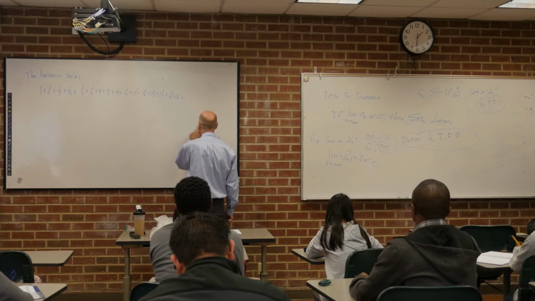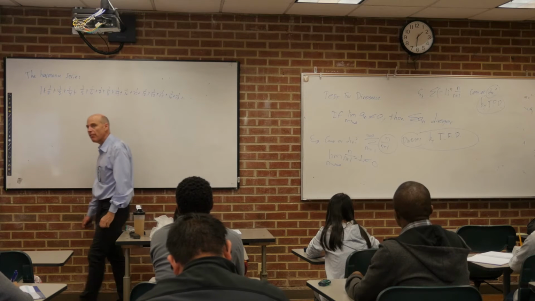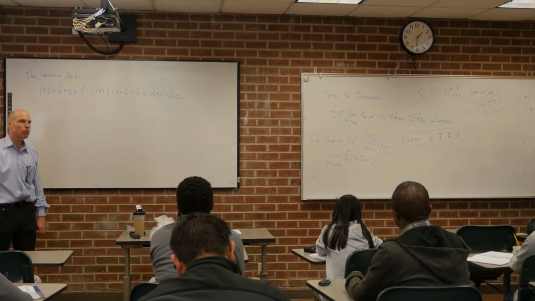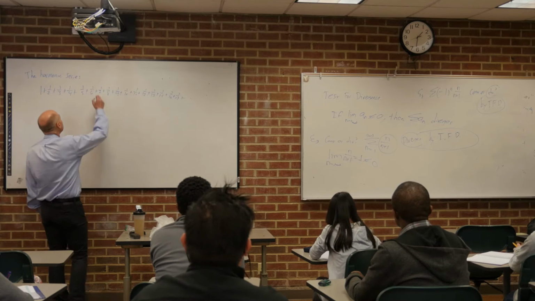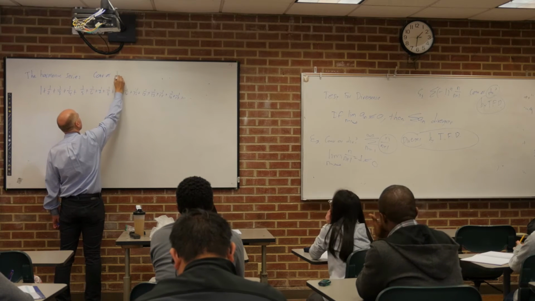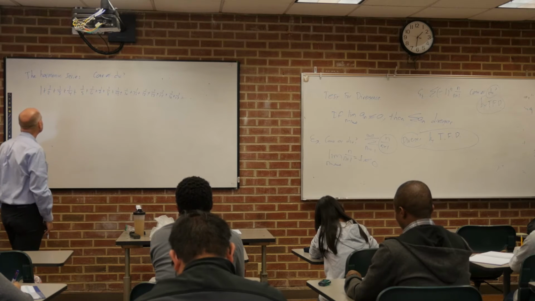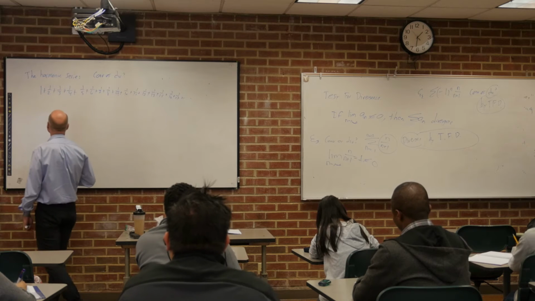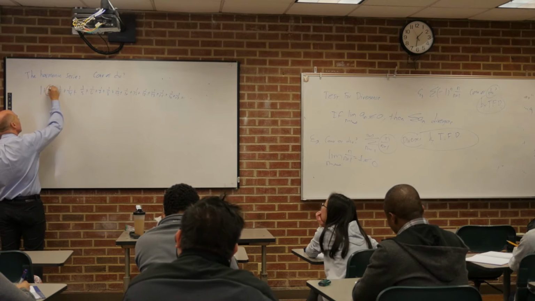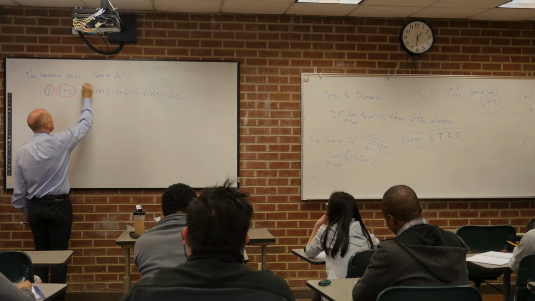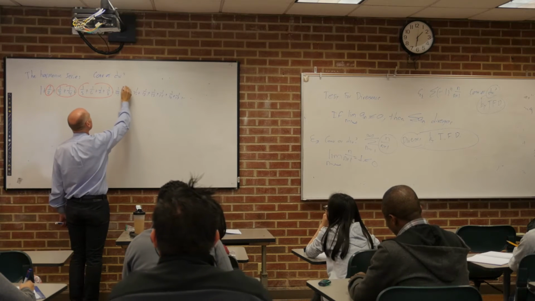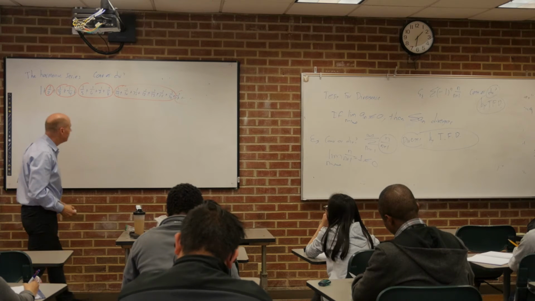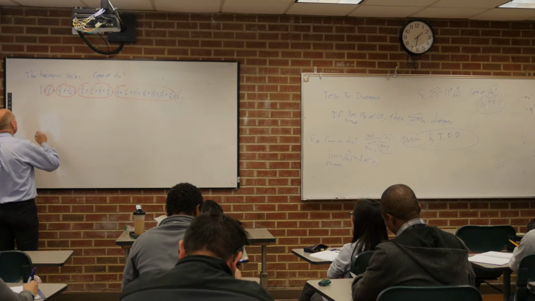What's the most basic question we can ask given an infinite series? The first thing we want to know is whether it converges or diverges. What I'm going to do is start breaking this into blocks. I'm going to keep the first couple.